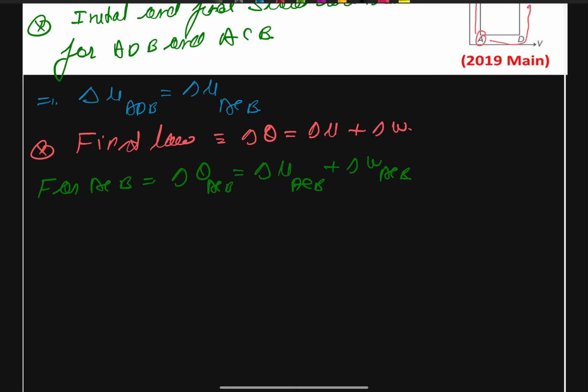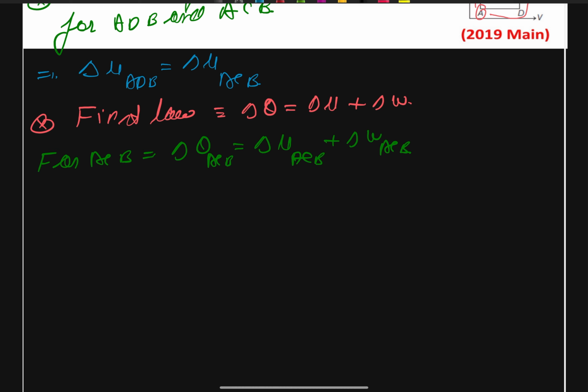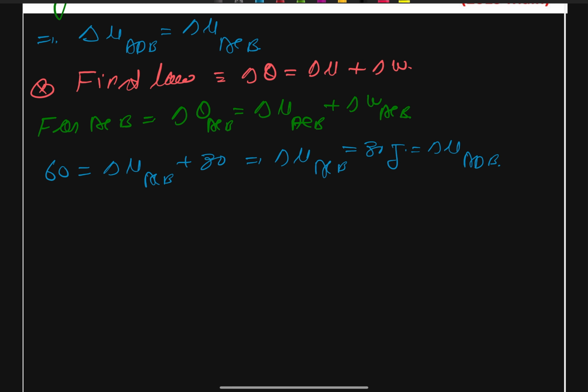For ACB, we are given delta Q as 60. So 60 is equal to delta U ACB plus work done, which is given as 30. So we get delta U ACB is equal to 30 joules, and this will also be delta U ADB.